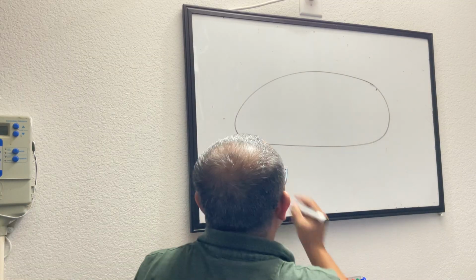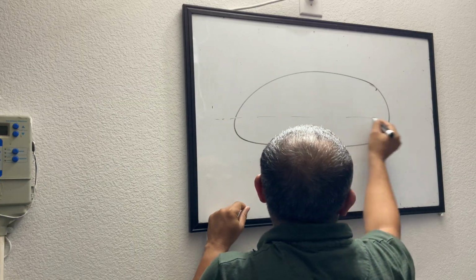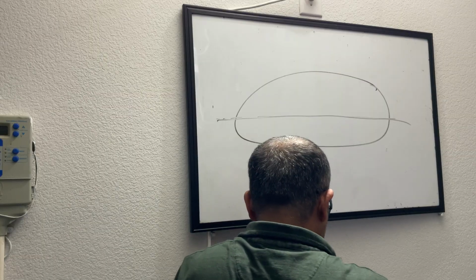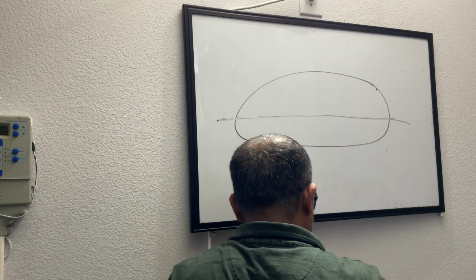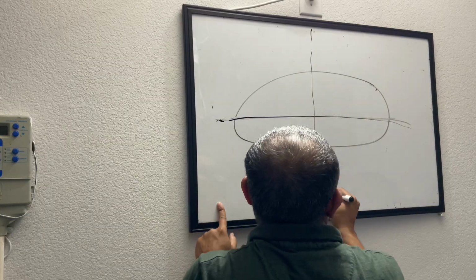Okay. So this is an ellipse. Believe me, this is an ellipse. It doesn't look like an ellipse, but let's say this is my major axis, and this is my minor axis.